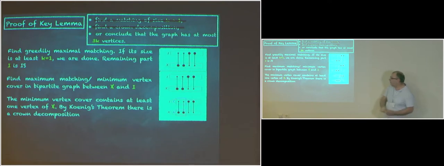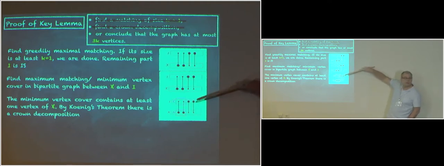Now, what I'm saying is that this part of the graph separates the neighborhood. So if I take this as H, and I take this as the neighbors of H, then there's no edge coming from here to here. Why? Because if there was an edge coming from here to here, this edge is not covered by the vertex cover.